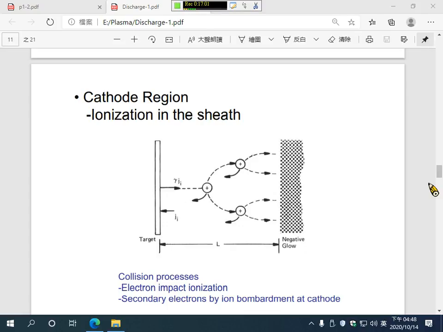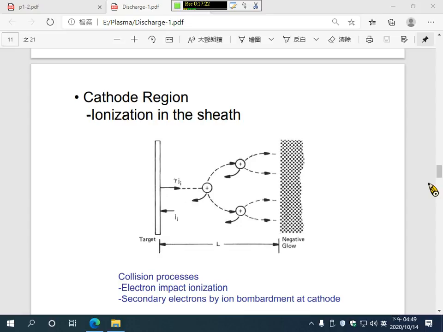This electrical field will accelerate ions, so when the ions come to the cathode surface, they might have an energy of a few hundred volts in a normal glow discharge system.